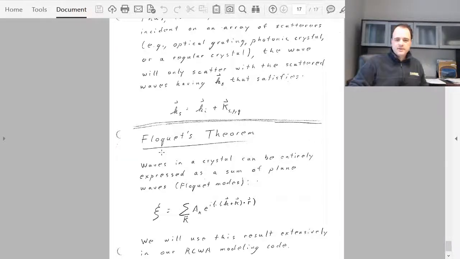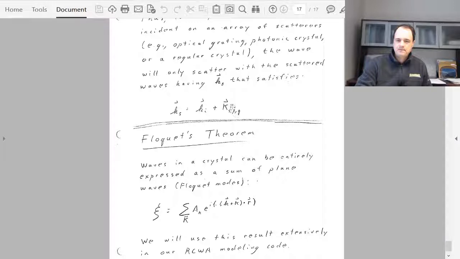And what this basically says builds upon the result that we've developed over the last 5 pages especially, that all waves in a crystal have to have differences in their wave vector that are one of these capital K values.